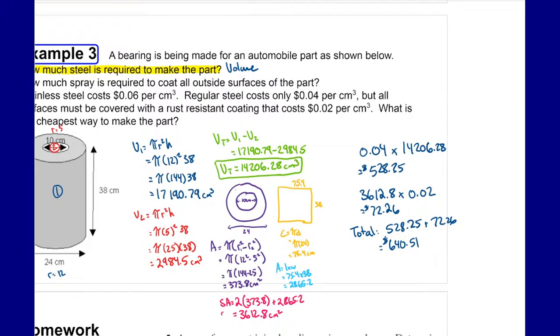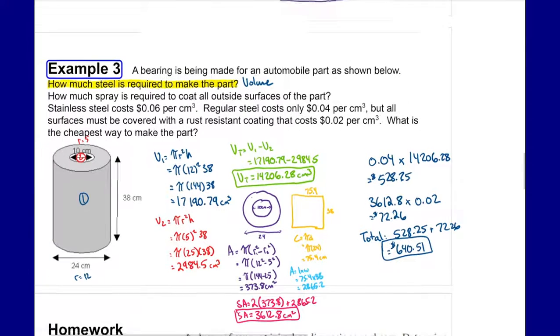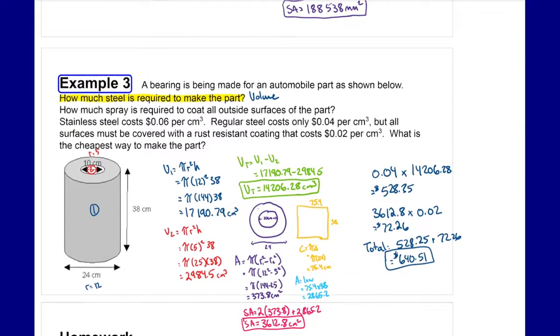So just highlight a couple of our measurements and our final answers, just to make it easier to find. So quite a long question, but again, work through it. We need to identify things, draw it out as a net if needed to then help us figure out the surfaces that we're dealing with. We can break that down and use the general formulas that we know.